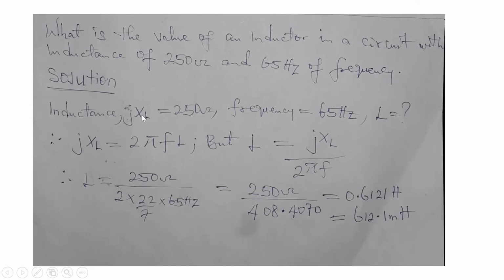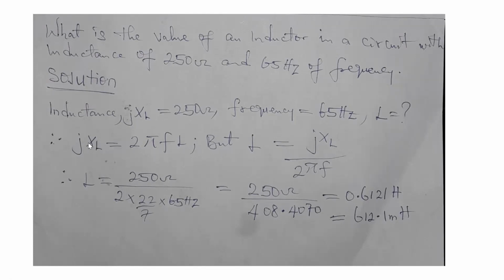Here, we are given the inductance, which is 250 ohms, and we are given the frequency. Then π. This π is a constant, which is 22/7. Are you following me? Yes, sir. Okay. So we now input it.